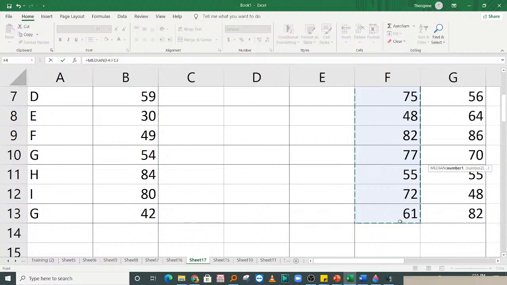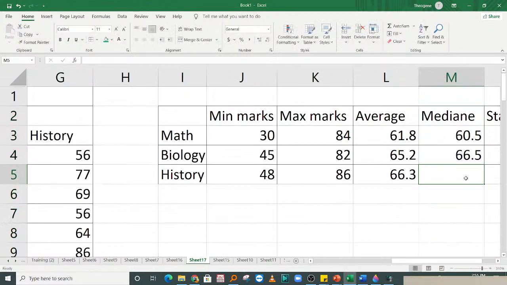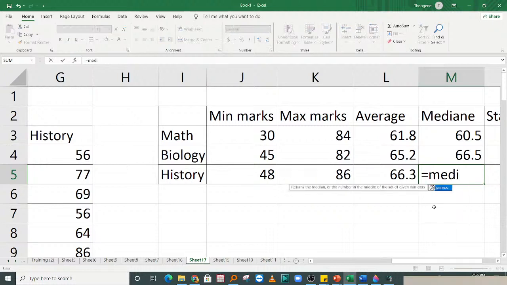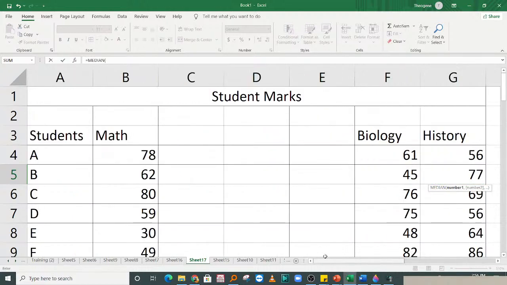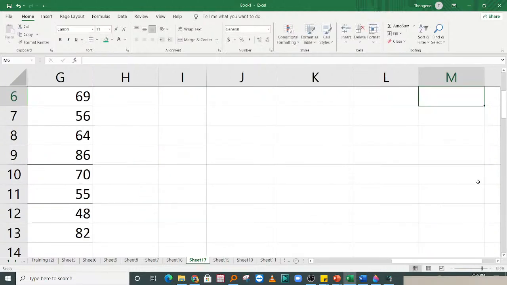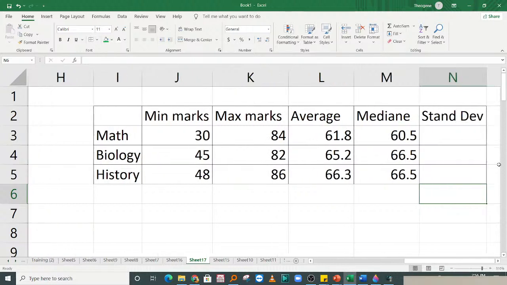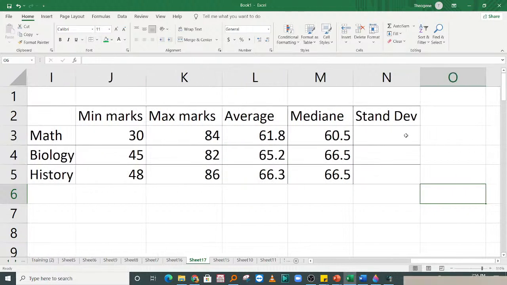The median is the number in the middle. The median in history is 66.5. You see, the median and the mean are on a good rhythm. Yes, it looks similar. So we now move on.